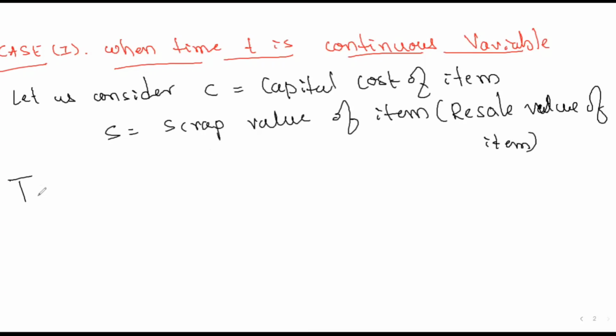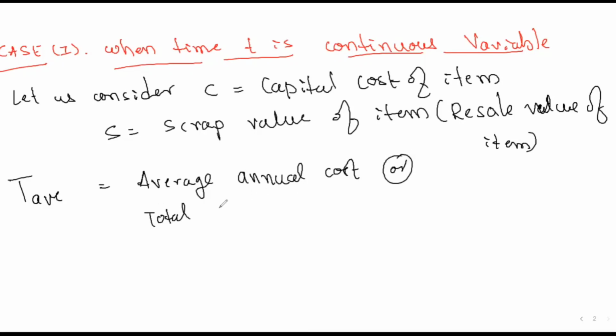T for total, average, means the average annual cost, or total average annual cost of an item.